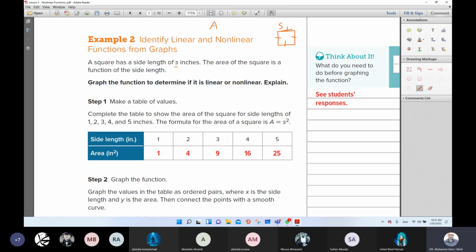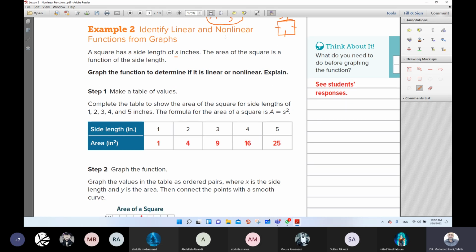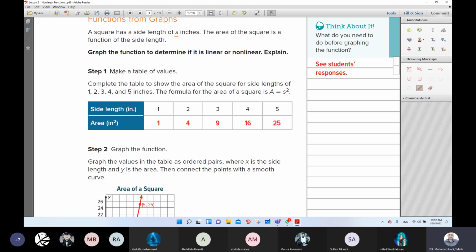As you remember, the area of the square will be the square of the length, s squared. So here we have a function. We want to determine if this function is linear or non-linear. So at the first step, we want to make a table of values.